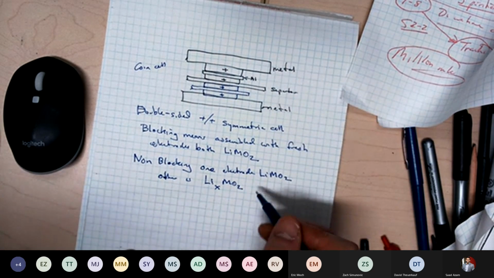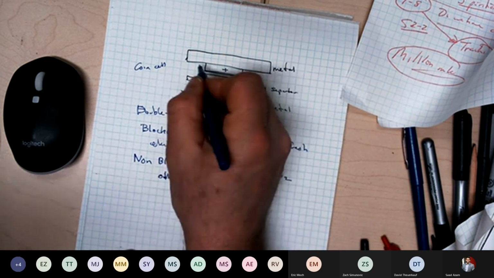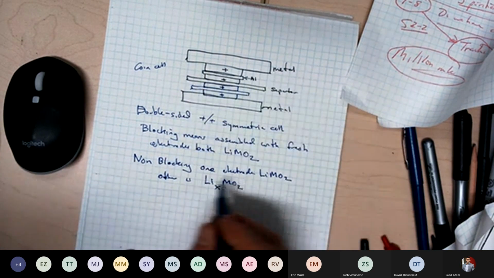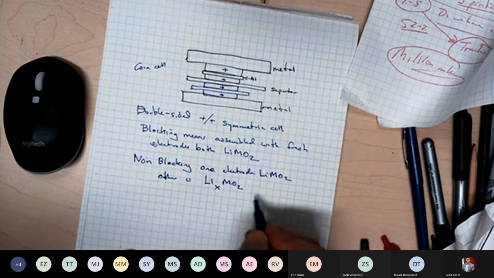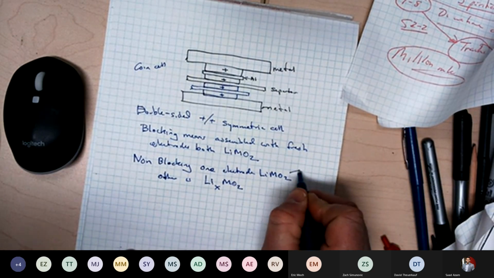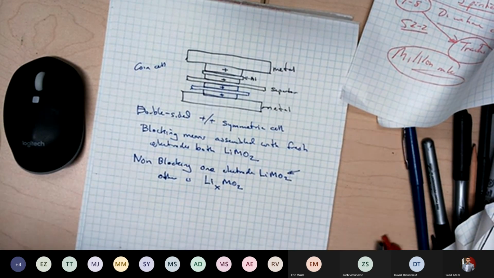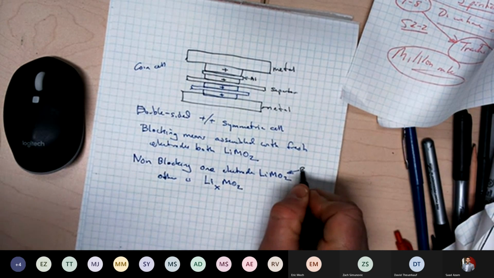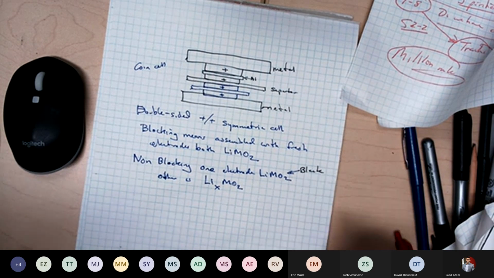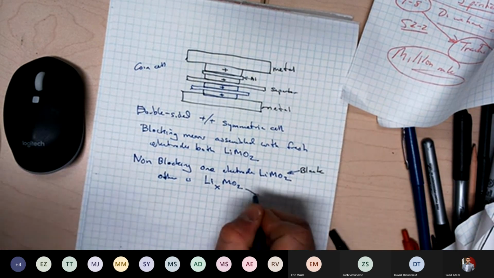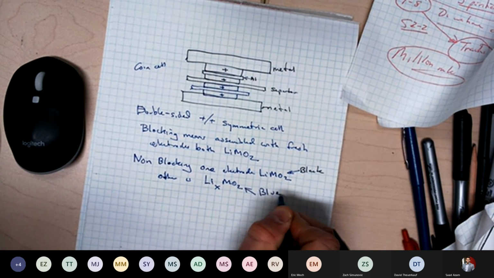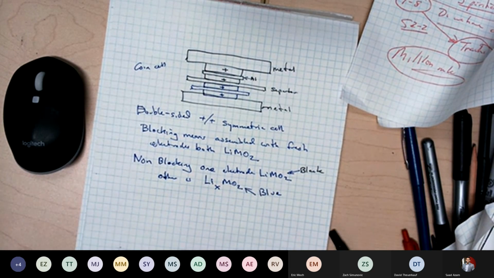And when I talk about one electrode like this, one electrode is this and the other is that. So this would be, say, the black one. And this would be the blue one up above.